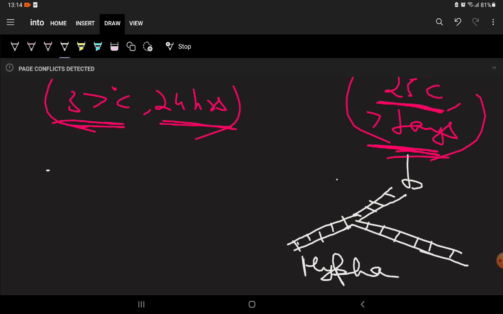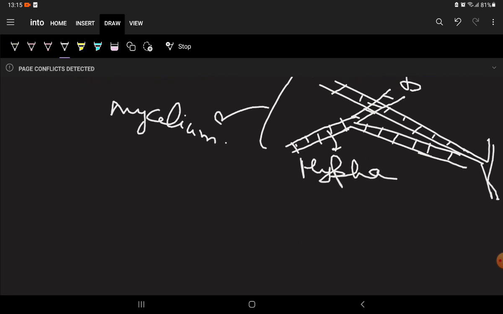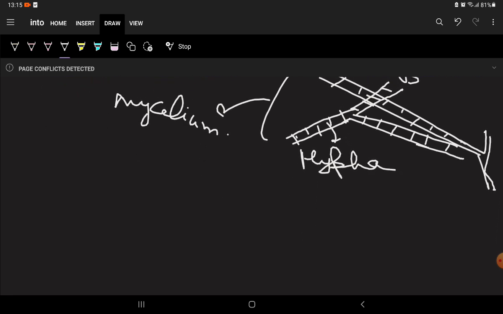So suppose that this is the network of hyphae. The network of hyphae is called mycelium. Okay, this is called mycelium.